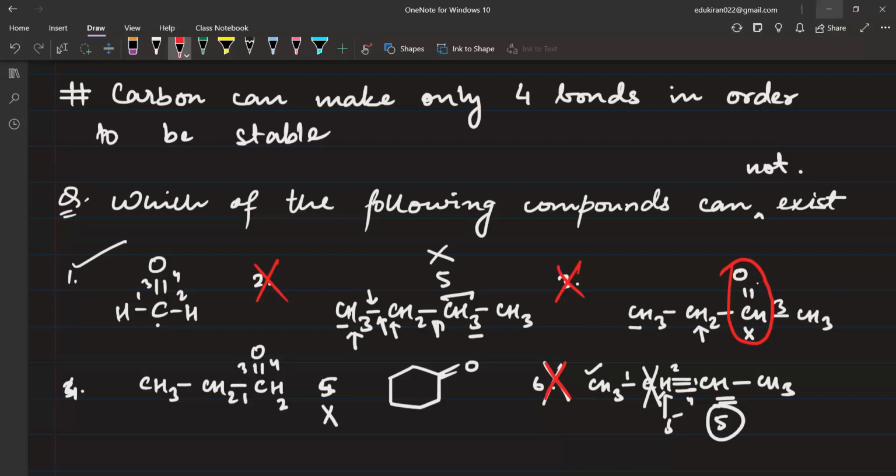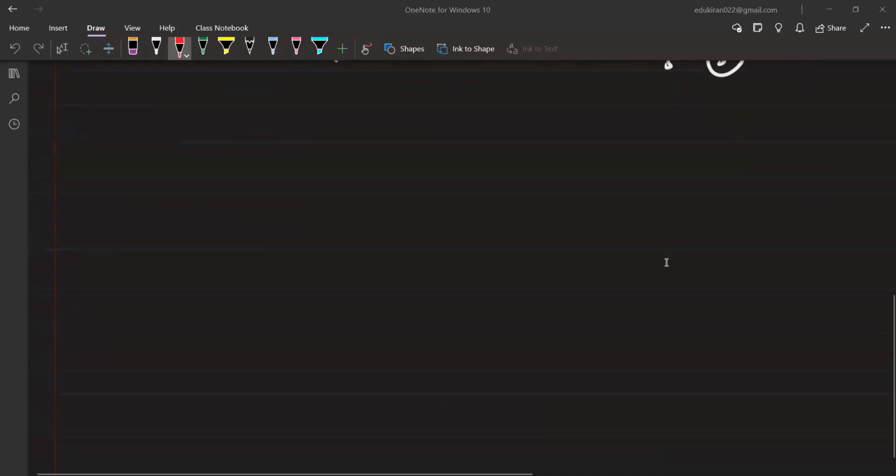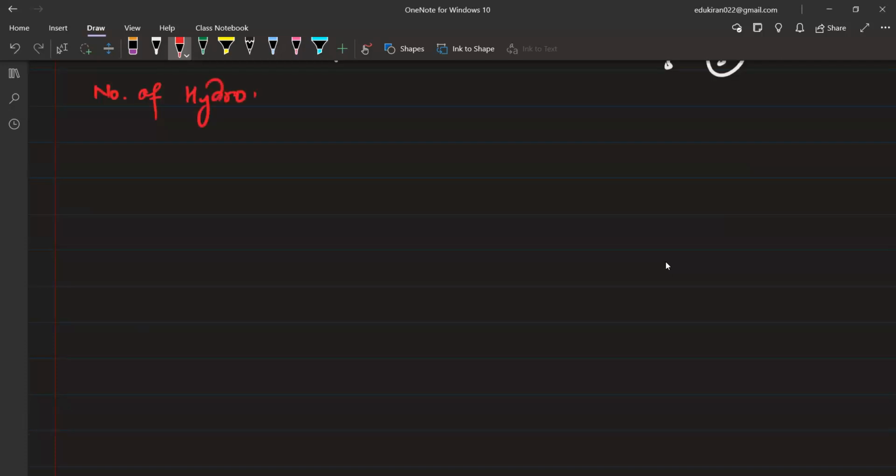Yes, sir. Okay. So now you have to have a very keen eye to look at a structure, and you should be able to say that, okay, fine, this is not going to exist. Now, what are the things that you can generally see and tell whether it can exist or not? It is the number of hydrogens. Generally, you will be writing structures in this manner. Rarely will you be writing the structure CH3, CH2, CH3.